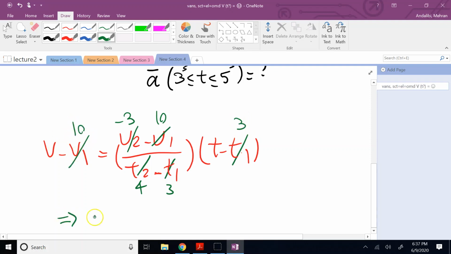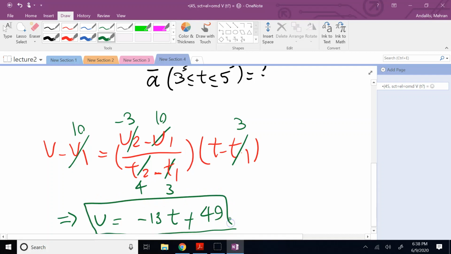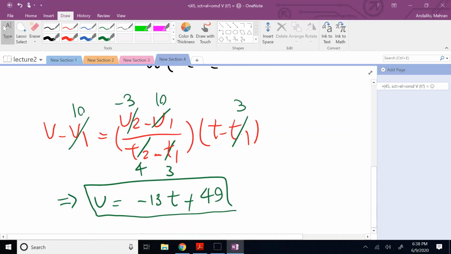If you simplify it, it is going to be v equals negative 13, times t plus 39, plus 10 is 49. So that is the equation of that line, negative 13t plus 49.